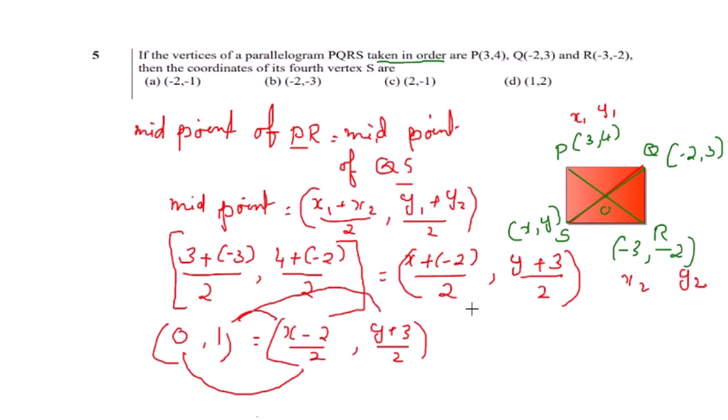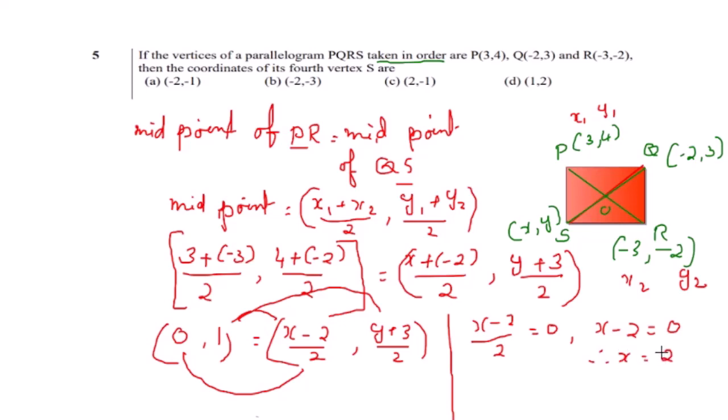First we'll calculate x. So (x - 2)/2 is equal to 0. That means x - 2 is equal to 0, 2s are 0. Therefore, x is equal to 2.